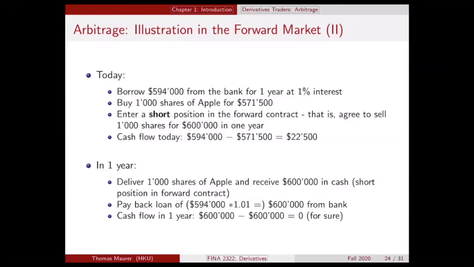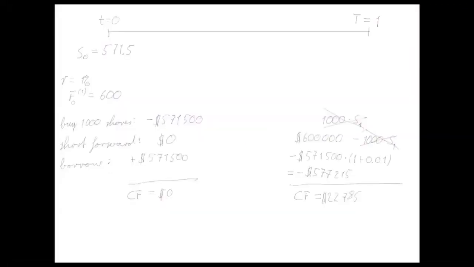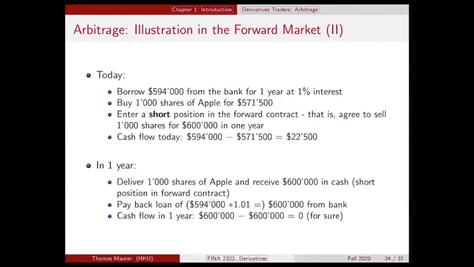Now, if you go to the next slide, you basically also see an arbitrage strategy. This one is slightly different than what I wrote on my virtual whiteboard. Here, instead of borrowing just enough money to buy the Apple shares, I will actually borrow a little bit more. And why do I borrow $594,000 at 1% interest?